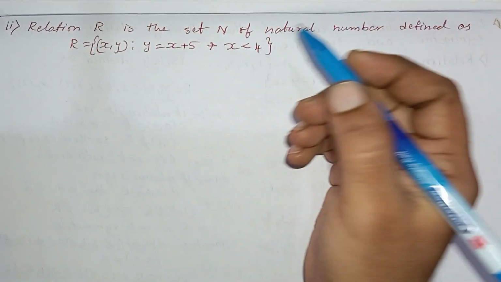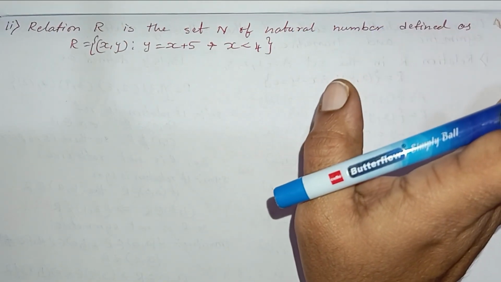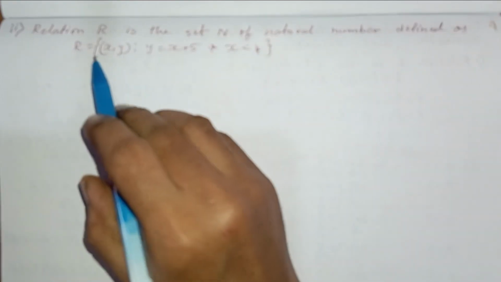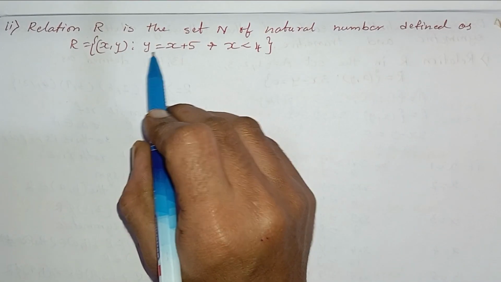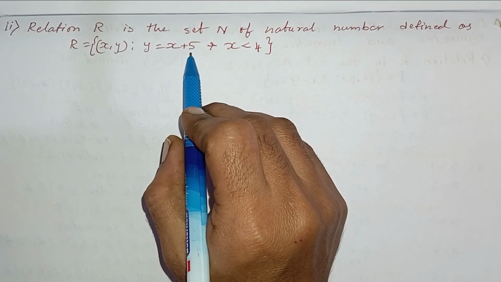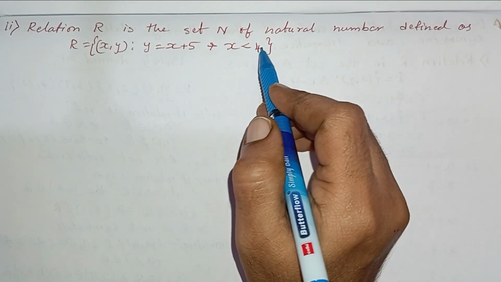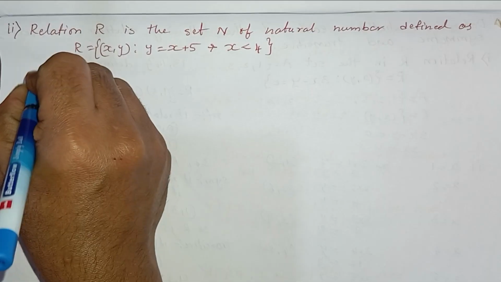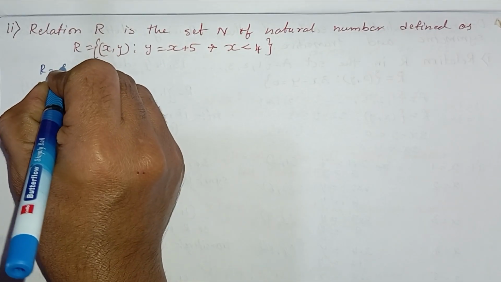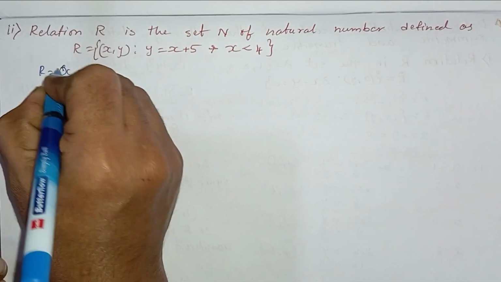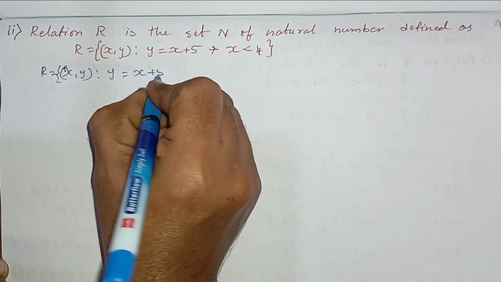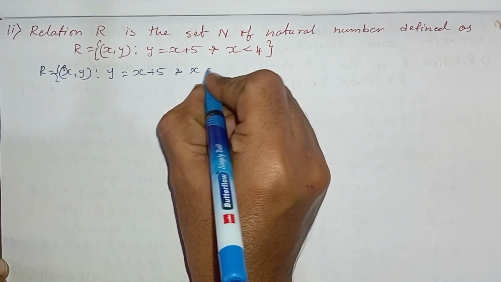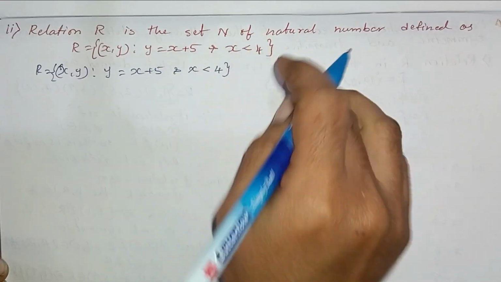Natural numbers are nothing but 1, 2, 3, 4, 5 till infinity, and they have given us a relation telling that x is related to y such that y = x + 5 and x is less than 4.